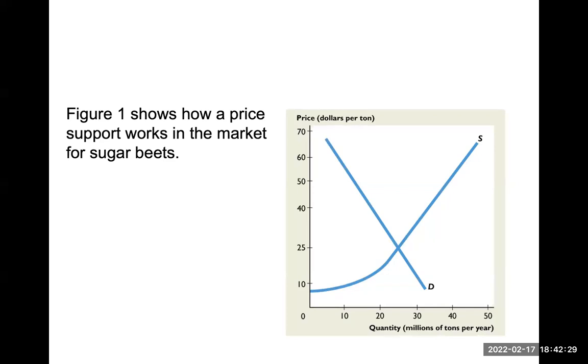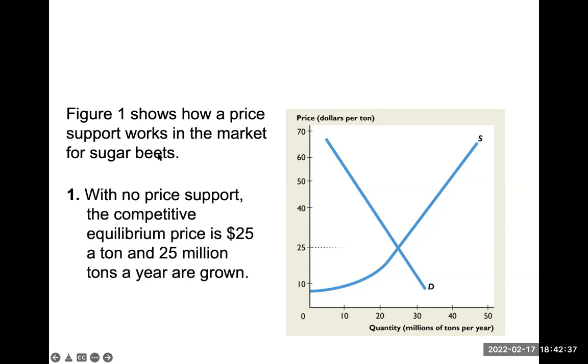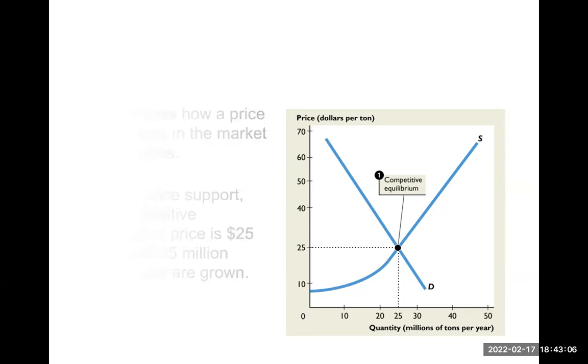Without the price support in agriculture, in the sugar beet market, the competitive equilibrium price is $25 a ton, and 25 million tons a year are grown. So this is the first one, with no price support.